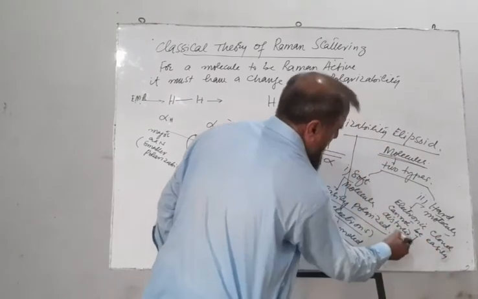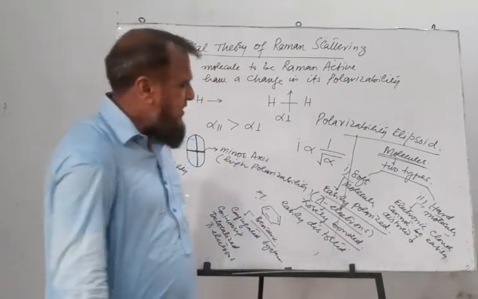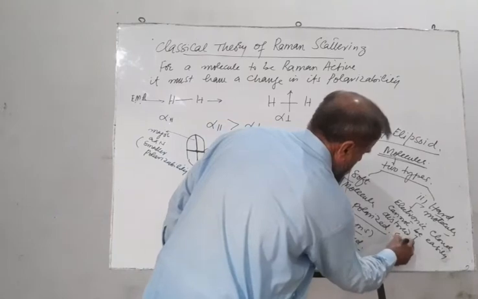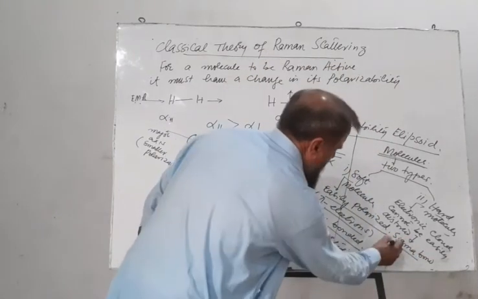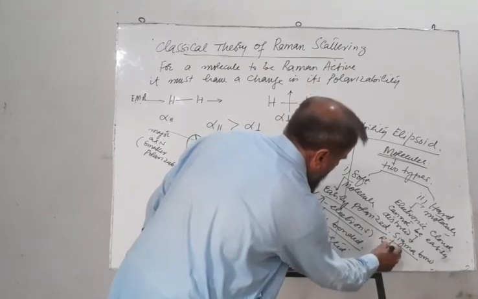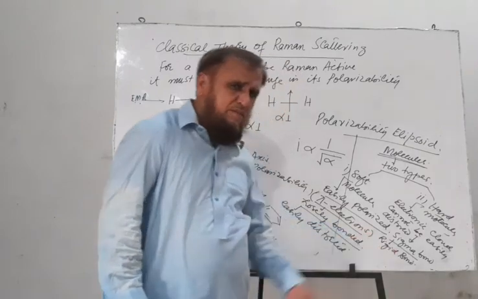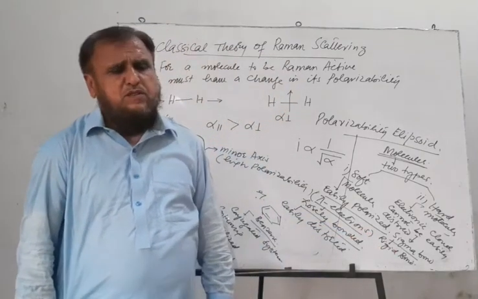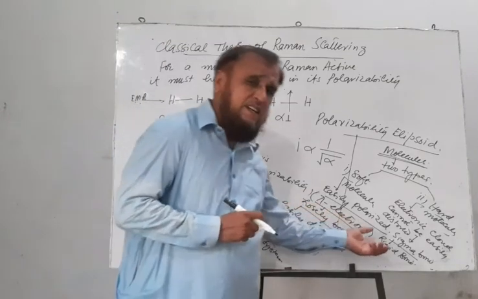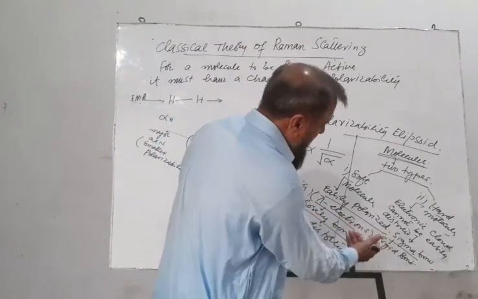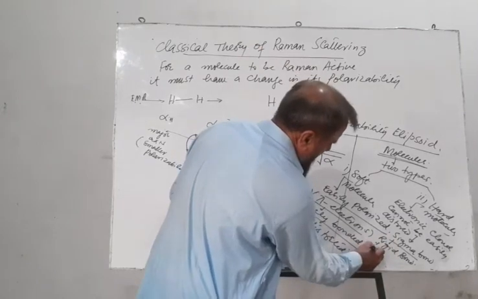Examples of such molecules are those which contain sigma bonds. We know that a sigma bond is a rigid bond. We use the term rigid because the shared electron pair between two atoms is tightly bound, and it cannot be easily distorted. It is less polarizable. An example is the water molecule.